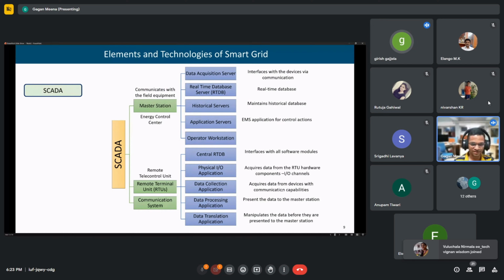Sir, the SCADA system is used in every industry, right? The control system used in the generating plants is the same SCADA system, correct?